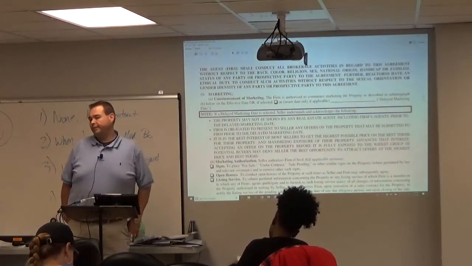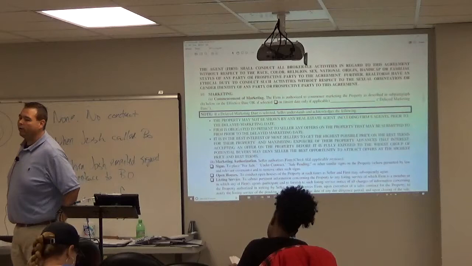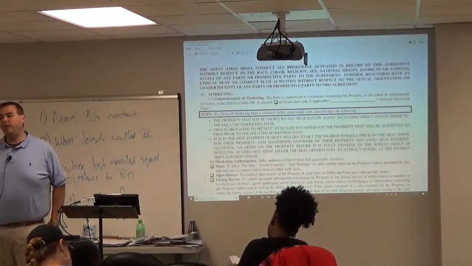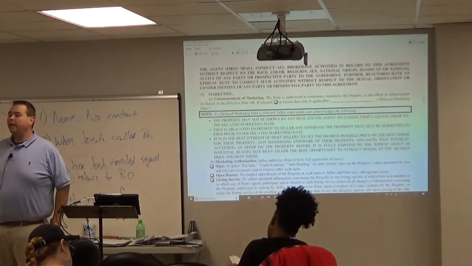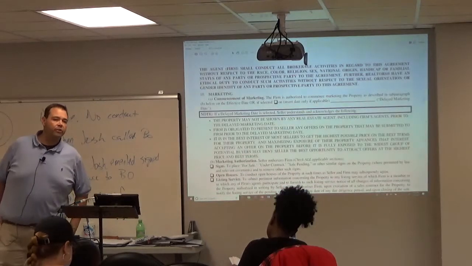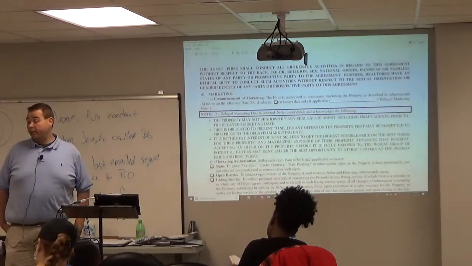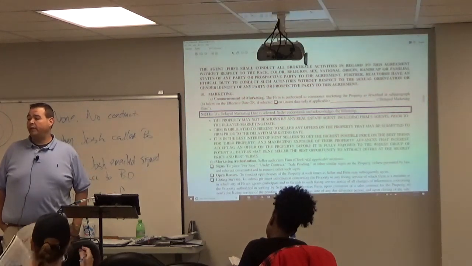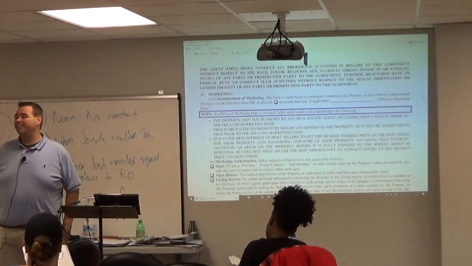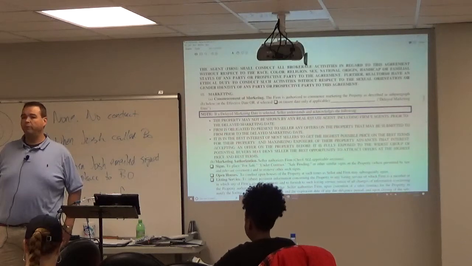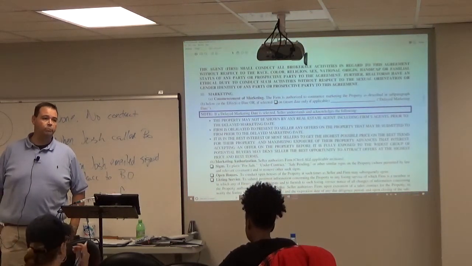Here's an interesting thing. That's what the law requires right there. This document actually goes further than that. And the reason this document goes further than that is that the National Association of Realtors, for many years now, has actually had within their code of ethics additional fair housing rules and protections.